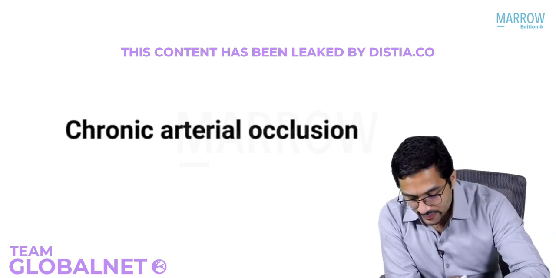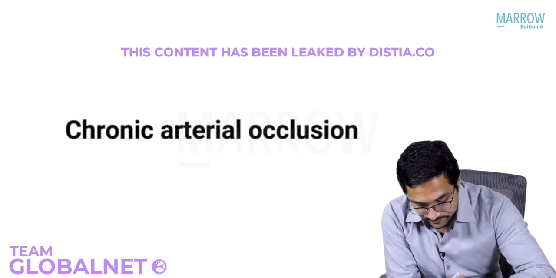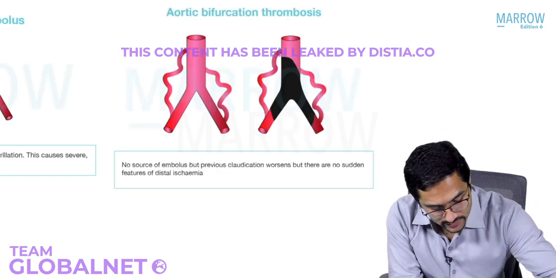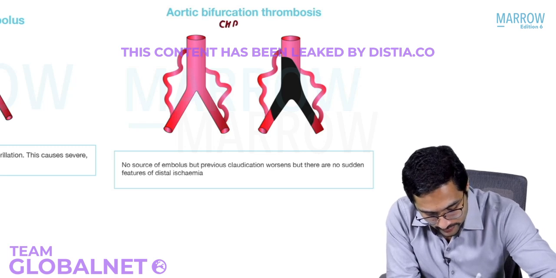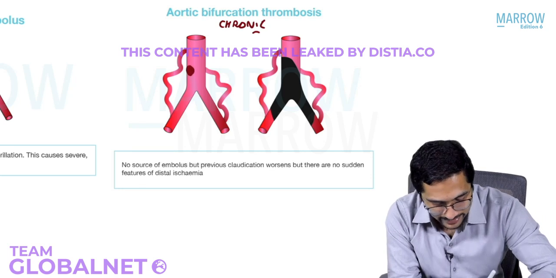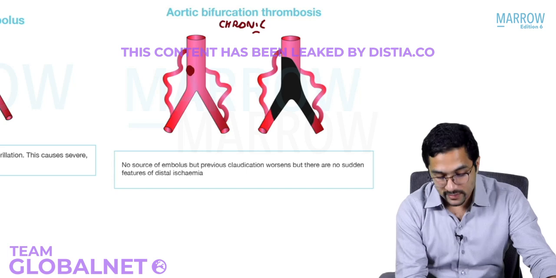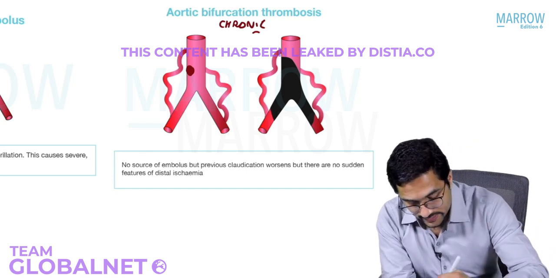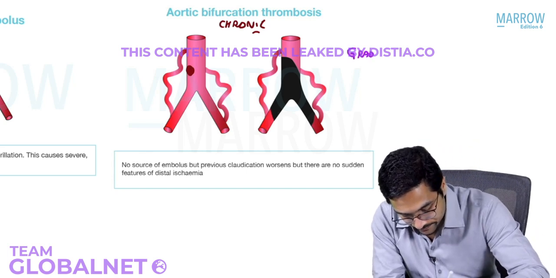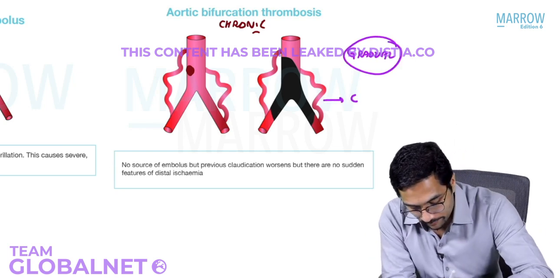Now, chronic arterial occlusion is because of a thrombus, and you can see here this is gradual occlusion. The thrombus starts here, and as the thrombus keeps on increasing in size, it will block the vessel. But because this is a gradual process, what is going to happen?